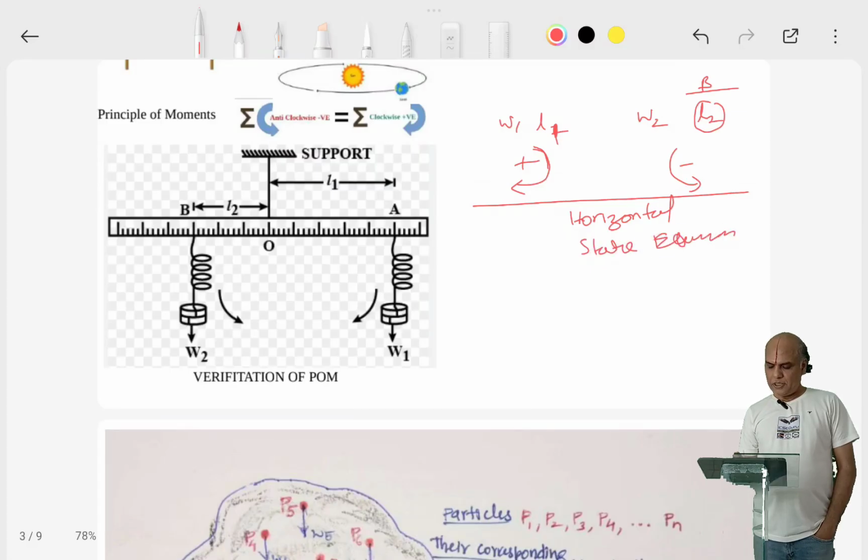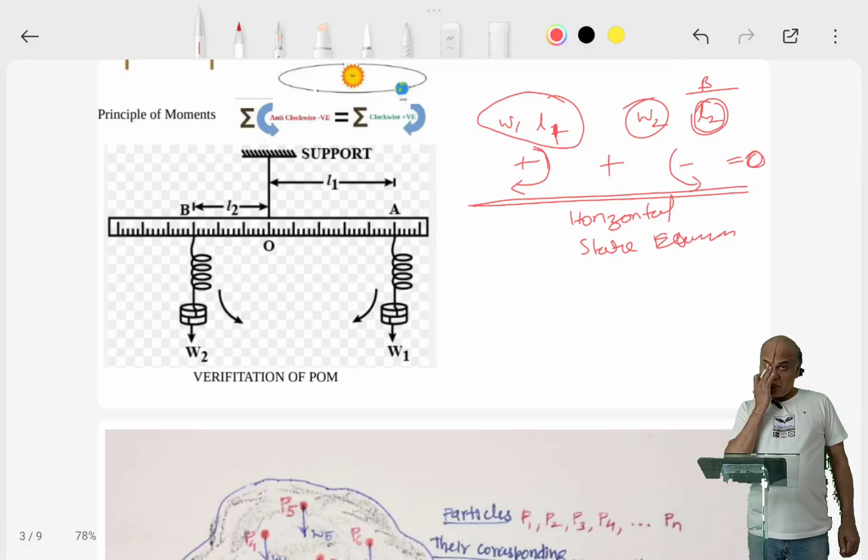So under such condition, when you add the anti-clockwise moment and clockwise moment, you will get 0. So if you repeat these experiments with different readings of W1 and L1 and W2, you will get corresponding L2 when you attain a state of equilibrium. When you take moments on both sides and add them, you will get 0.